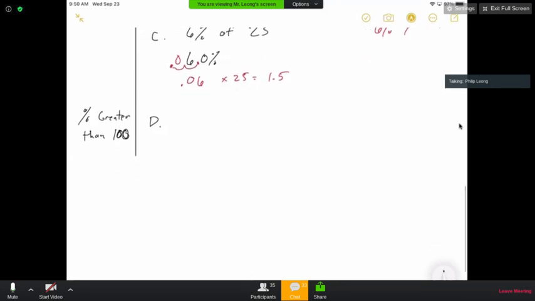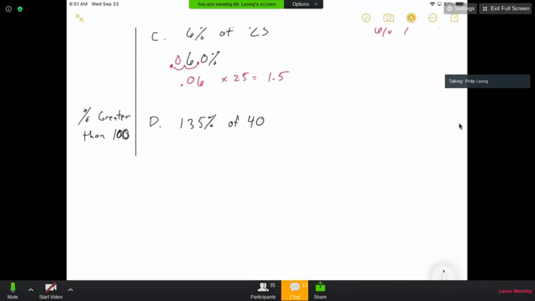So for example, what is 135% of 40? Well, if it's greater than 100%, that means my number is actually bigger, right? Like some of you got 12 out of 10 on the quiz. You got more than 100%.